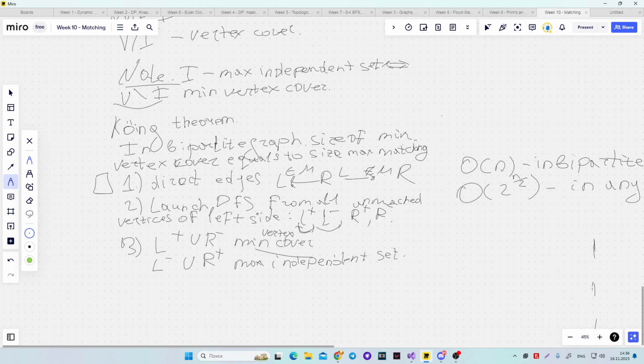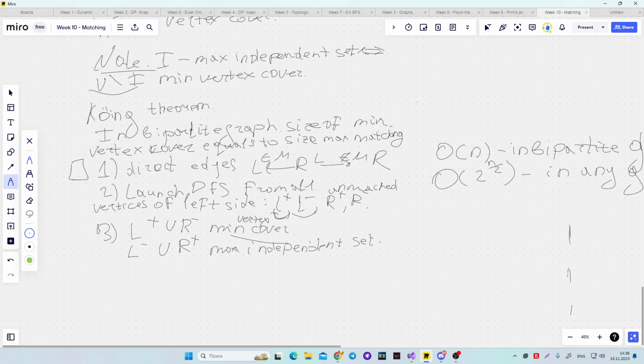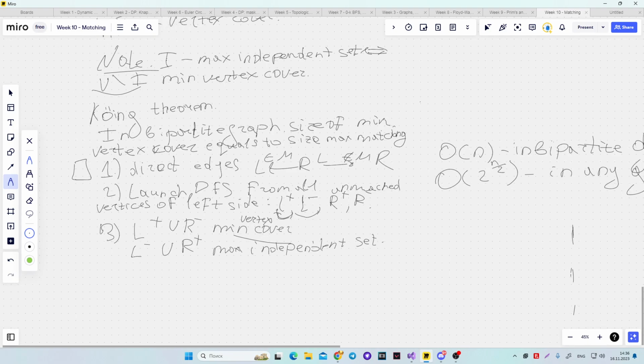Then we launch the DFS from all unmatched vertices of the left side, and we get these sets. These sets L minus and R minus mean that we didn't visit these vertices at all when we launched from unmatched vertices.